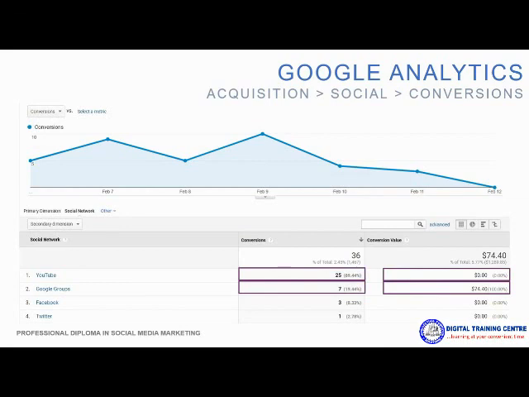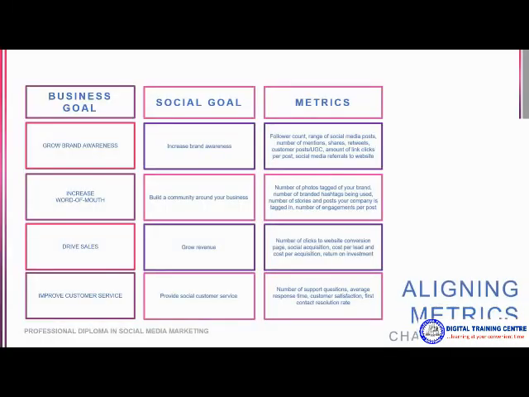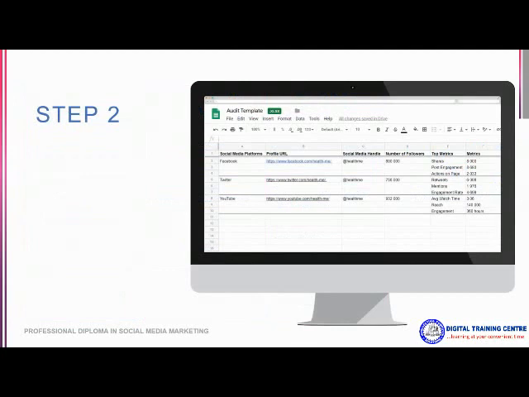Step 2 is to fill in the relevant data. Now, in our last lesson, we looked at aligning our metrics and aligning our business goals with our social media goals and with our metrics. We now need to align the relevant metrics to the relevant social media channel, which we should have done in the previous lesson. And then we just want to pop that into our audit document.